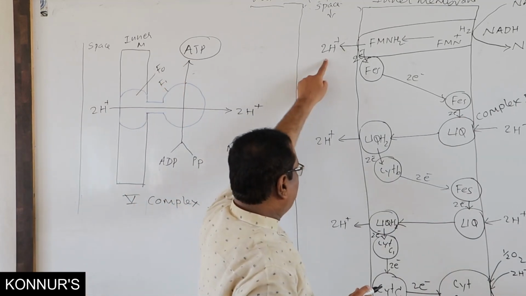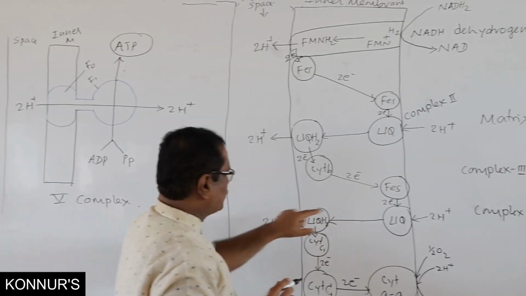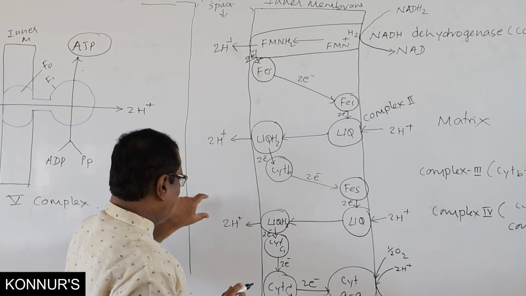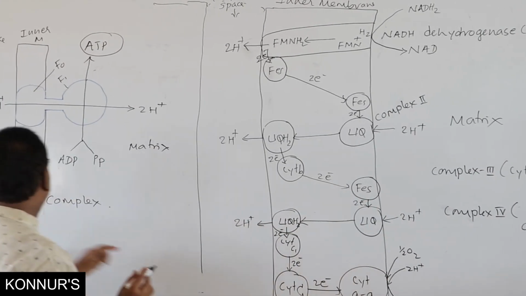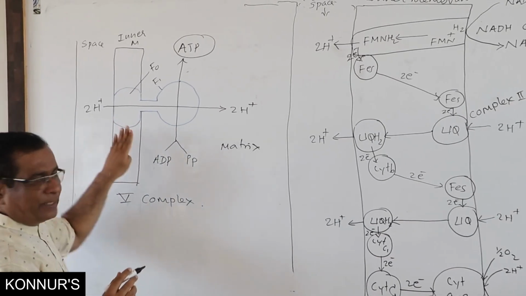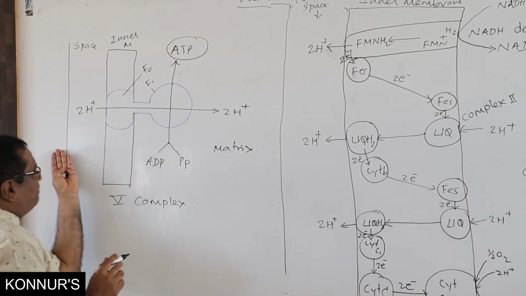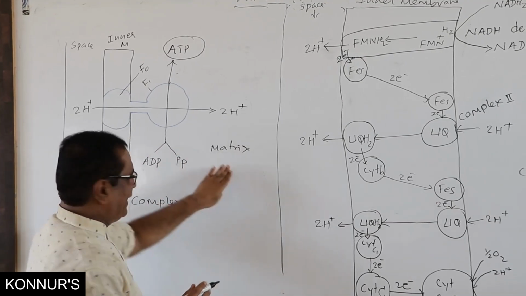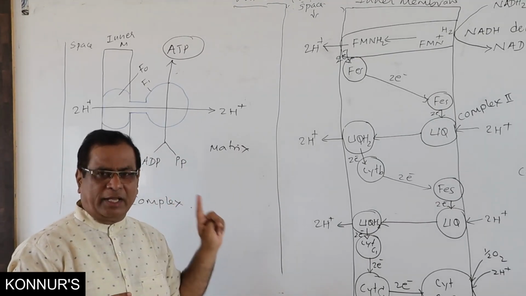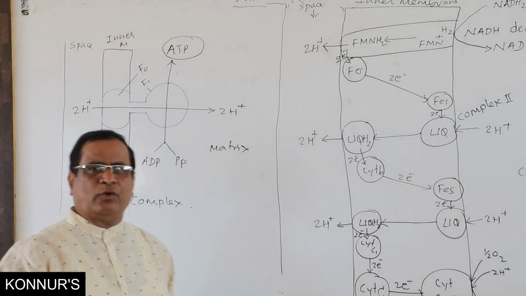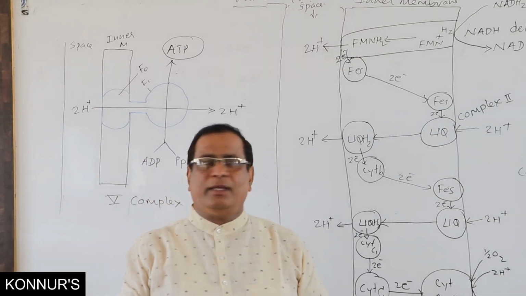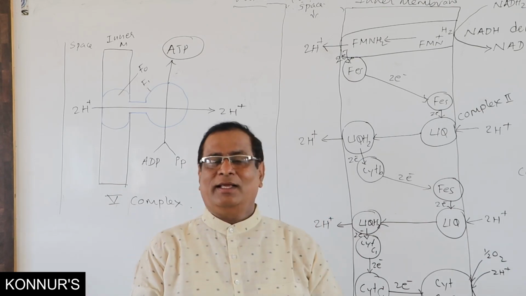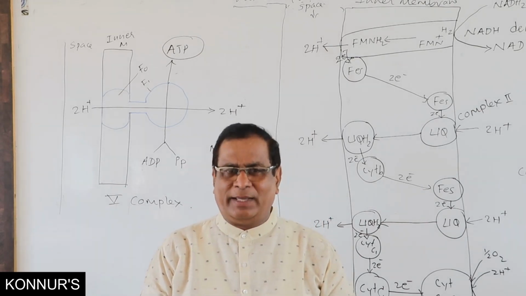And here at the 3 regions, protons are pumped from the matrix to the perimitochondrial space, so we can expect 3 times the pumping back of protons from the space to the matrix through the F0 F1 complex. Hence the formation of 3 ATP from 1 NADH2 as well.